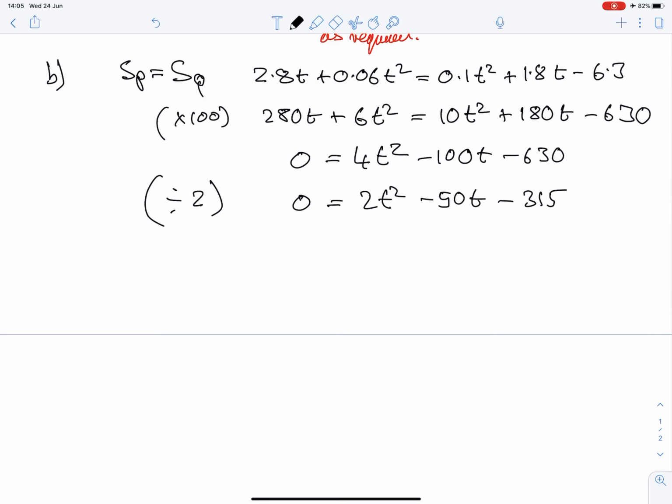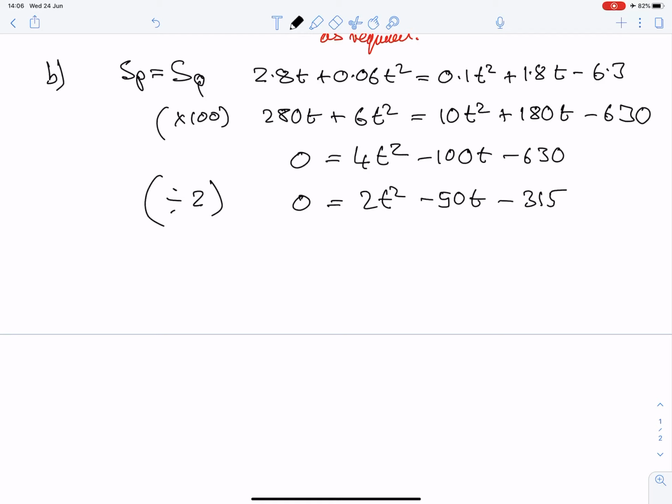Find the distance from A when the two particles meet. Okay, so we've got a quadratic. Looking for numbers multiplying to 630 and adding to give minus 50, I can't see anything that's going to work for that. So I think we better use the formula.